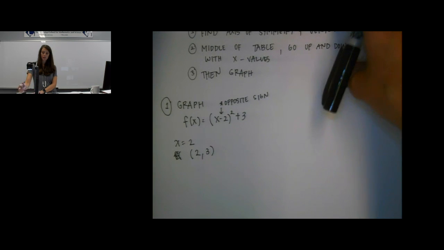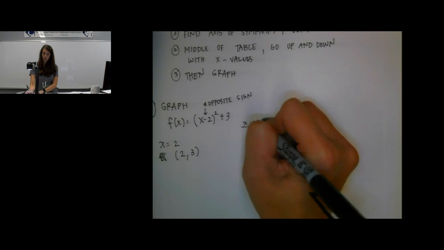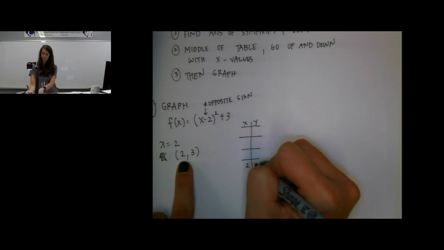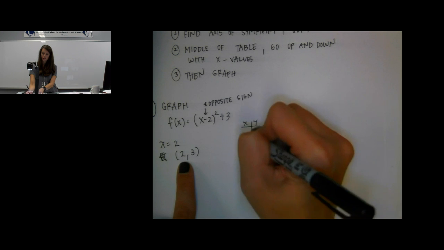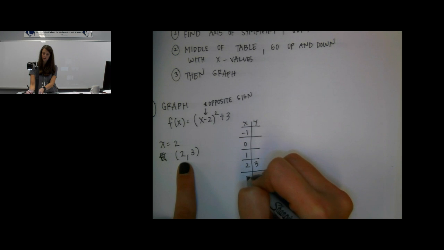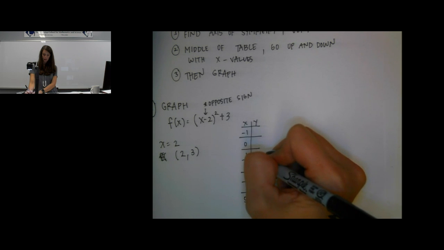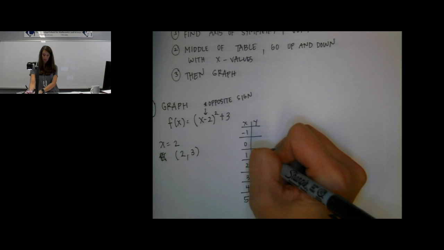So on your table, you are going to have 2, 3 there. And then you're going to move both to the left and the right. When you plug a 1 in there, 1 minus 2 is a negative 1 squared, gives you a positive 4.